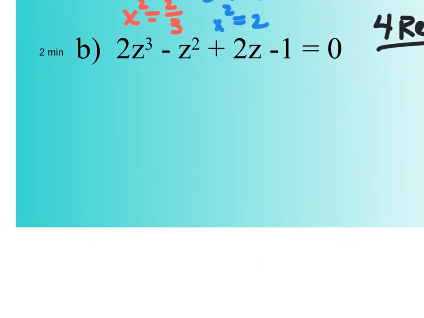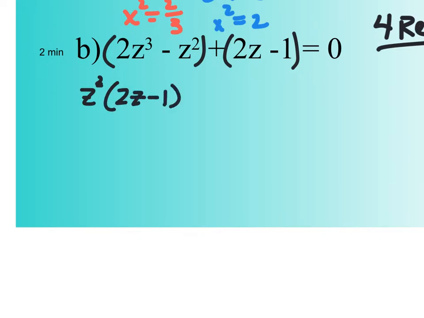Okay, let's look at this one. This one's a little bit tricky, but there's a special step here called factor by grouping. So I'm going to take these first 2 terms here and these last 2 terms here, and you might see something pretty similar in them. If I take a z squared out of the first 2, I get 2z minus 1.